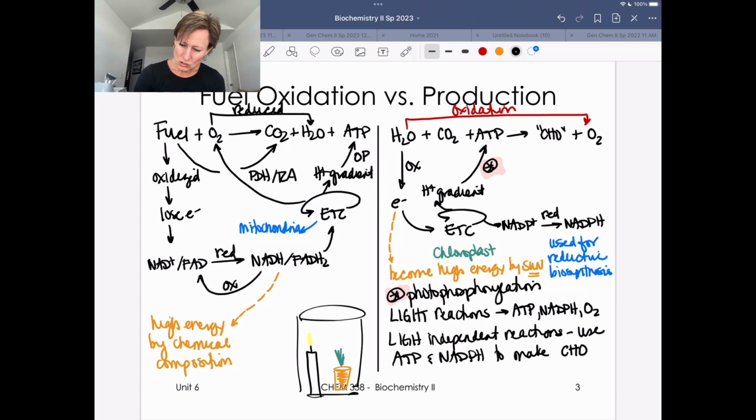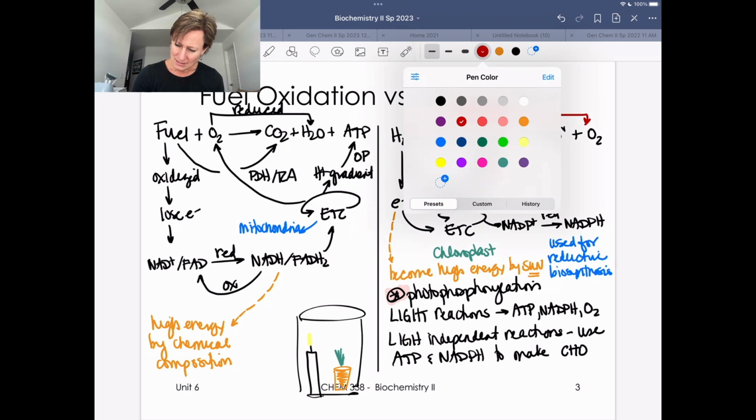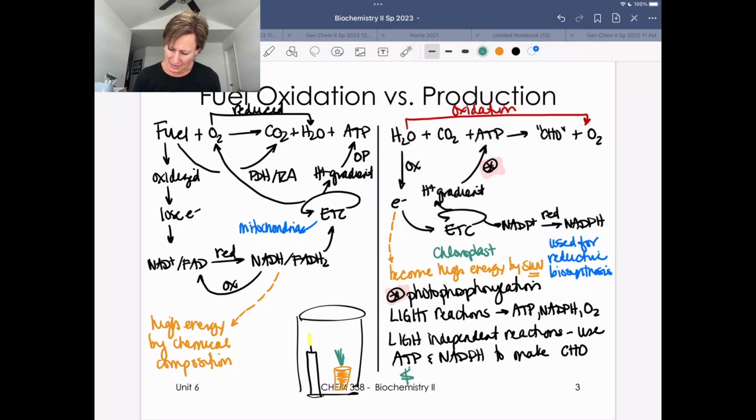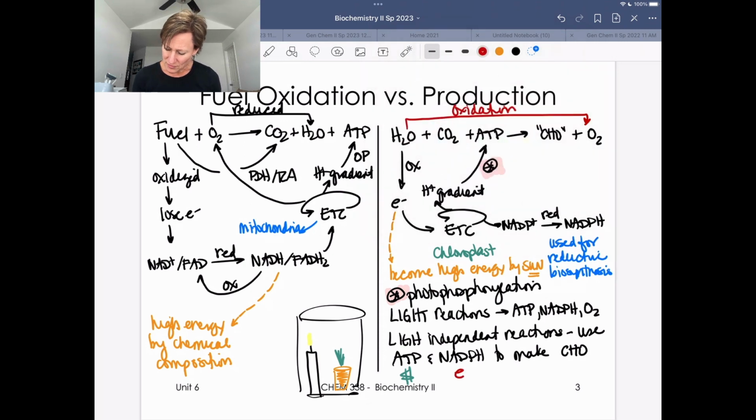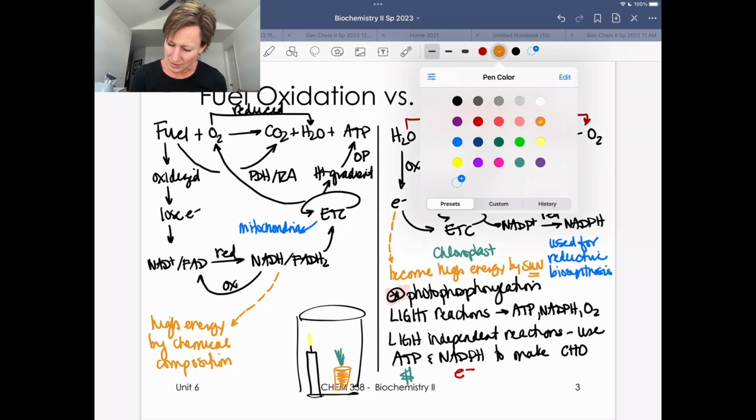As we're going to see in a second, this ATP is going to provide the money, the NADPH is going to provide the electrons, and the net is we glue carbon dioxide molecules together to make carbohydrates.